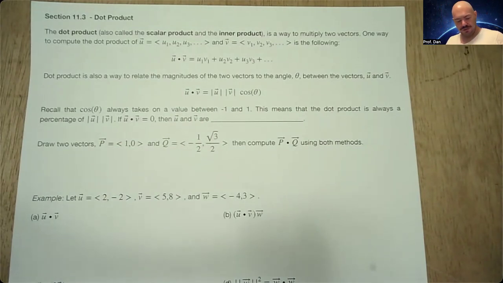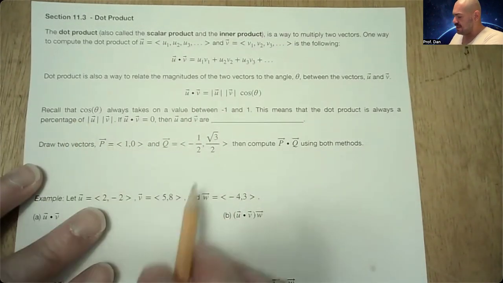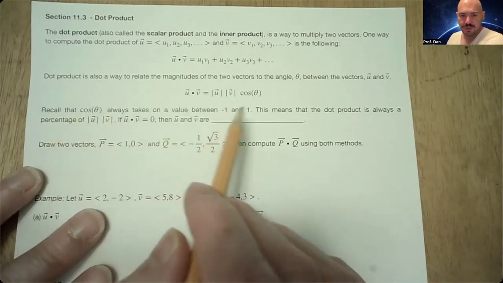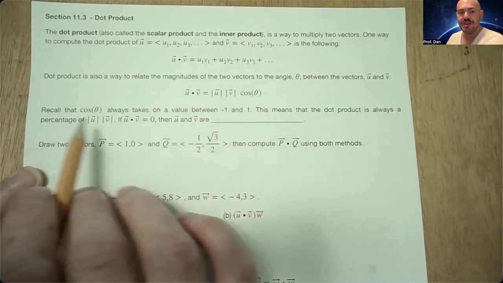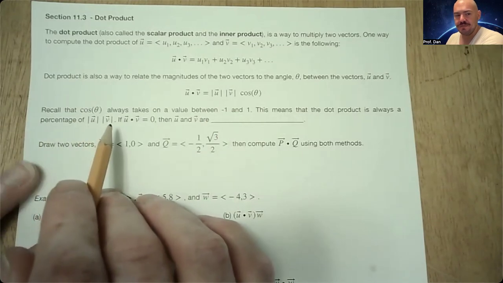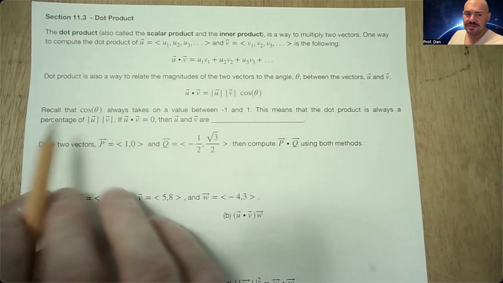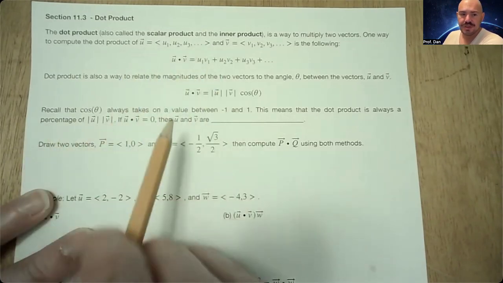So before I go into examples, recall that cosine of theta always takes on a value between -1 and 1. This means the dot product is always a percentage of the magnitude of u times the magnitude of v. Right? So 100% would be essentially just the product of those two lengths, right?